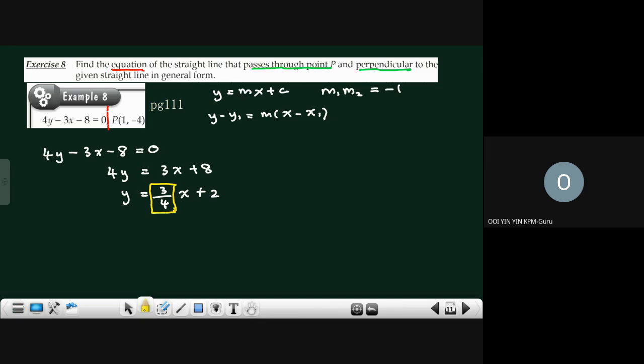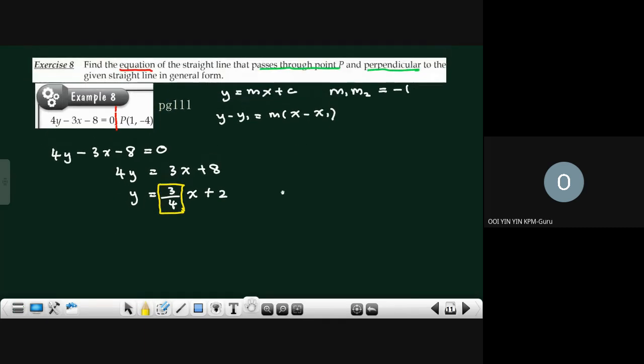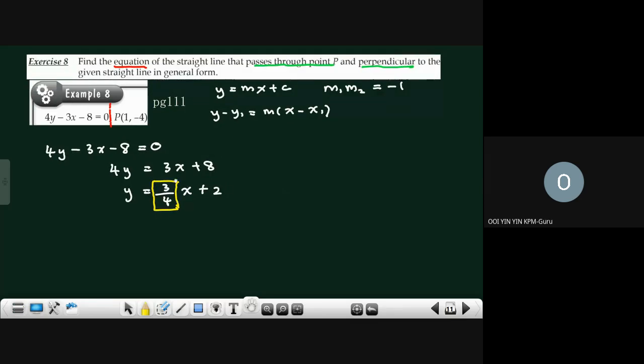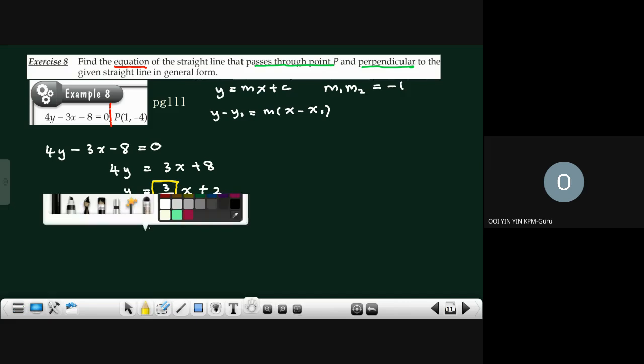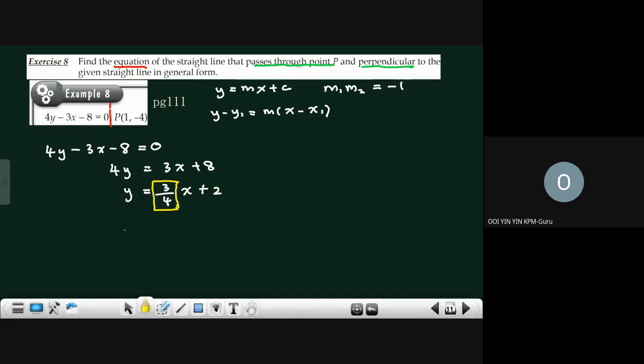Okay, but remember that this is not the m that we can exactly use, because now the line is not parallel. If parallel, we can directly use this one, right? But now it's perpendicular, that means you have to find the m that we want.